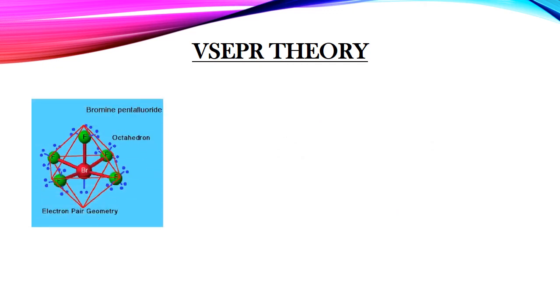The next one is where we have five atoms and one electron pair around the central atom. So we have an example of bromine pentafluoride. So considering all the bonded pairs and the lone pairs, the geometry will be octahedral.